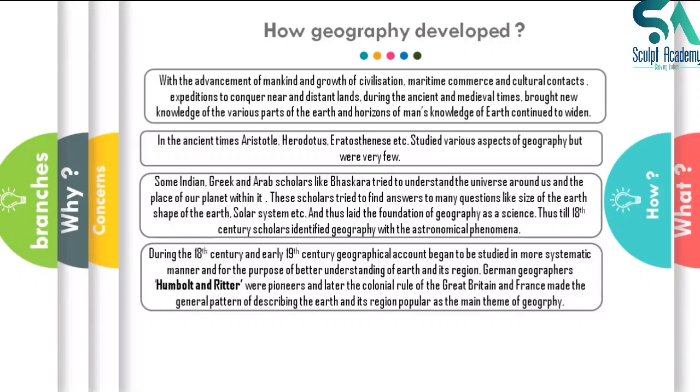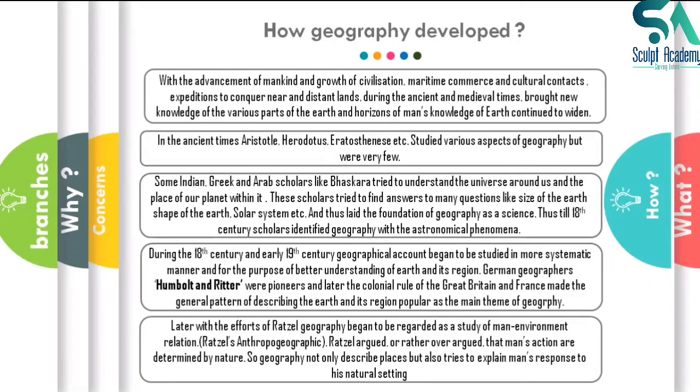and its regions. Later, with the efforts of Ratzel, another geographer who wrote a book, Anthropogeographie, studied the relationship between man and environment, that is human and geography relation. He said that man's actions are determined by nature.